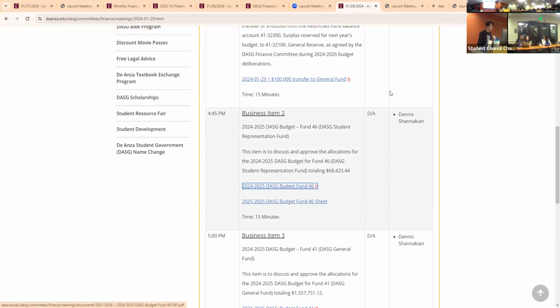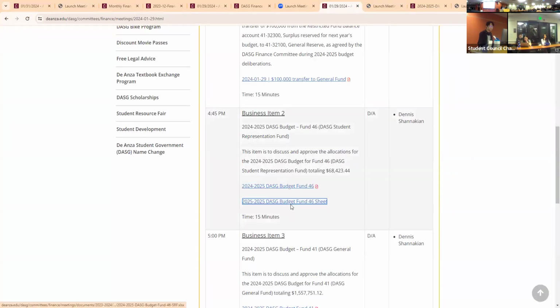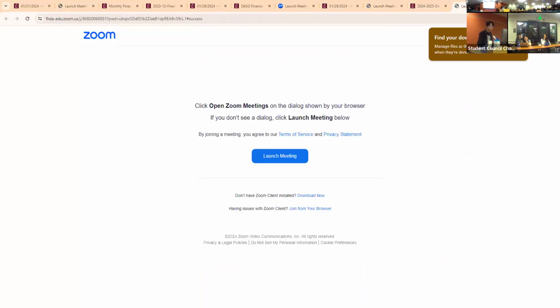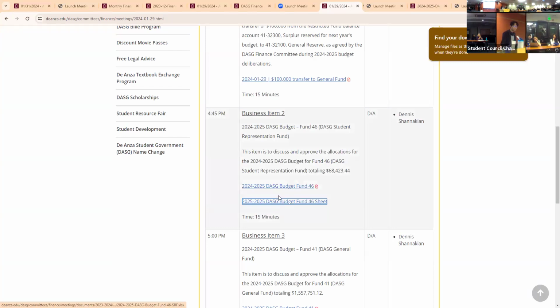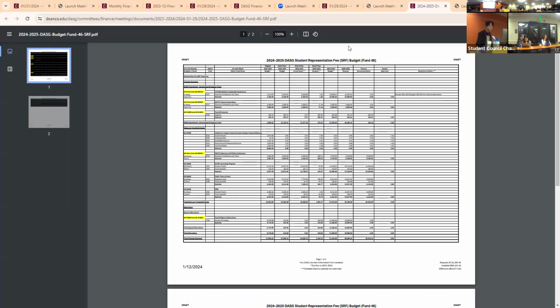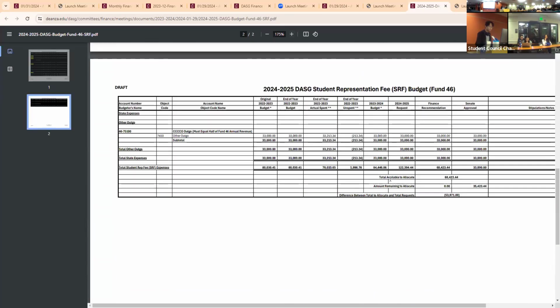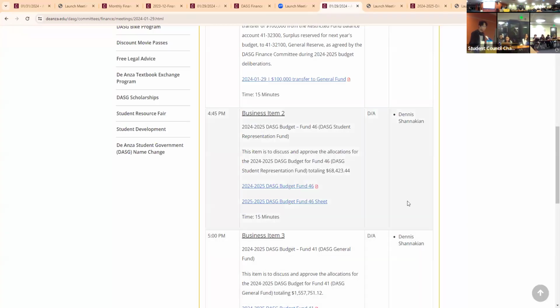Yeah, this is just to make the budget deliberations, at least the finance committee part of it, official. So all we need at this point, unless there are any other changes, is a motion to approve the allocations for the 2024-2025 DASG budget for Fund 46.